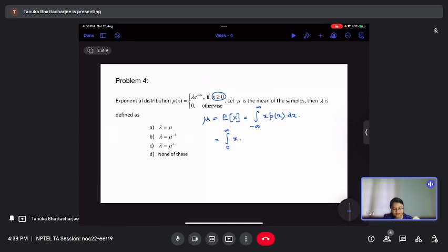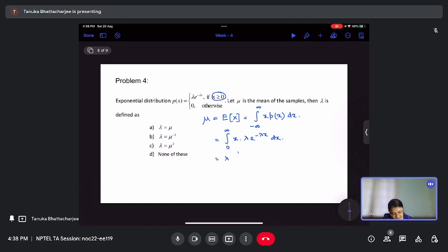X, and when you have x greater than equal to 0, then your px is given by lambda e to the power minus lambda x. Lambda e to the power minus lambda x dx. So, this will be the expression for our expectation.